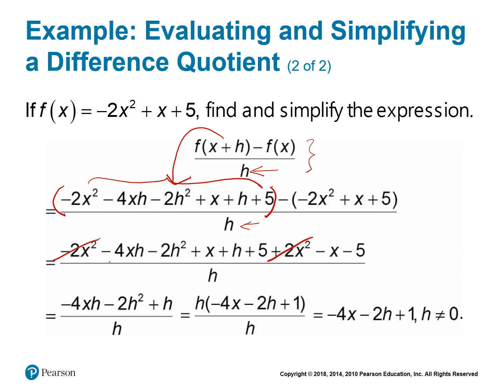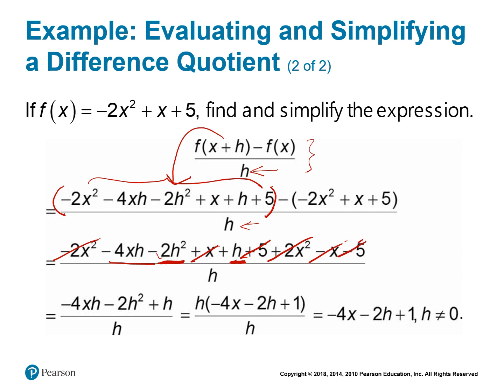What else do we have? Can we combine minus 4xh with anything? No, right? We do not have another term with xh in it. Can minus 2h squared be combined with anything? No, we do not have another expression with h squared. How about x? We have plus x and minus x, so x minus x becomes a 0, and that goes away. h cannot be combined with anything, but plus 5 and minus 5 is a 0, right?